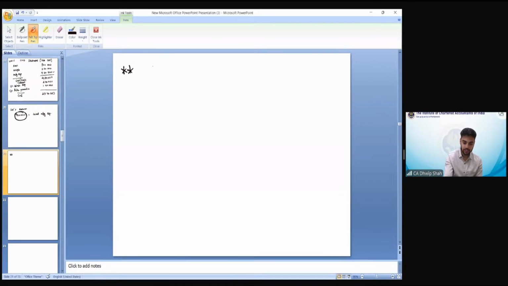Very important concept. We are starting with the concept called working capital operating cycle.